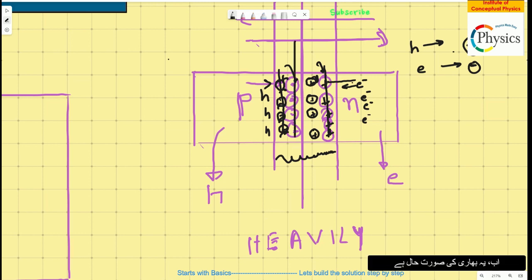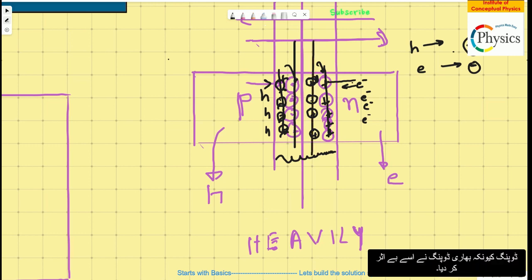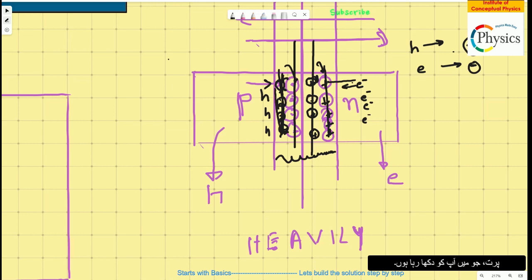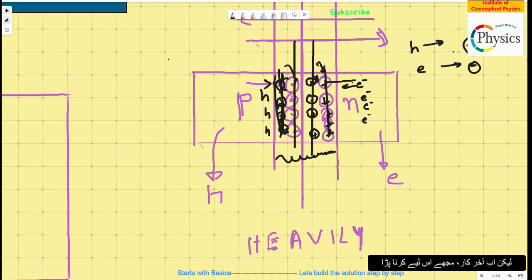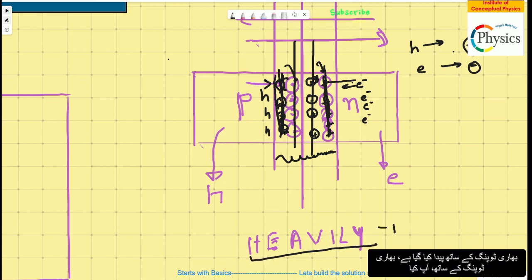Okay, now this is a situation of heavy doping, because the heavy doping neutralized this layer, which I'm showing you. I did not show you the two immobile layers earlier, but now finally I had to, because I had to show you the cancellation. This also gets cancelled.